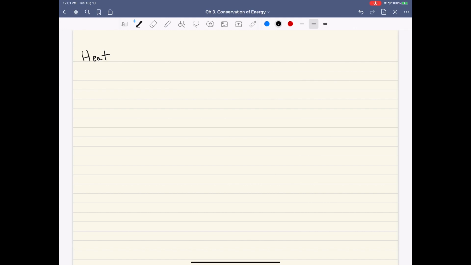The last term in the energy balance that we'll discuss is heat. In engineering, when we discuss heat, we are usually referring to heat transfer or heat flow.